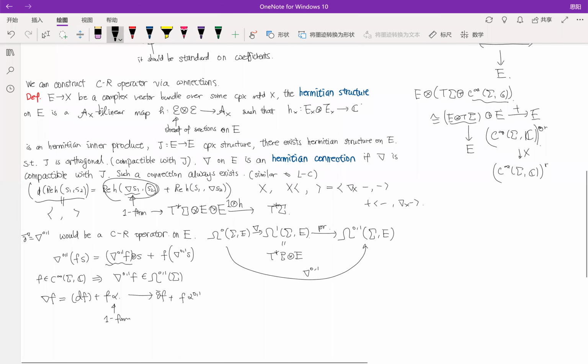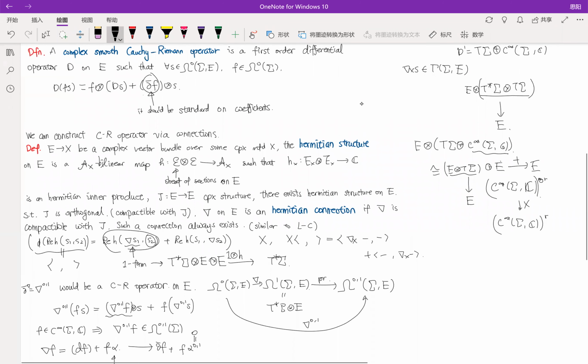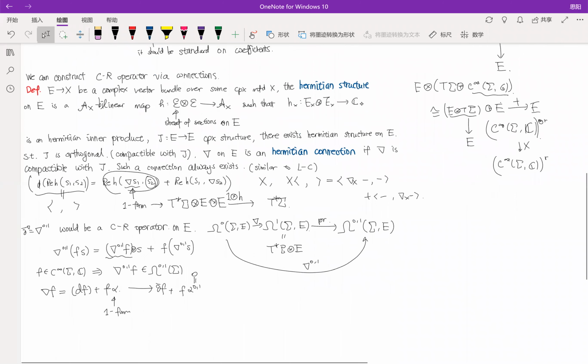And in this case, this should vanish, because in this case there should be no one form.